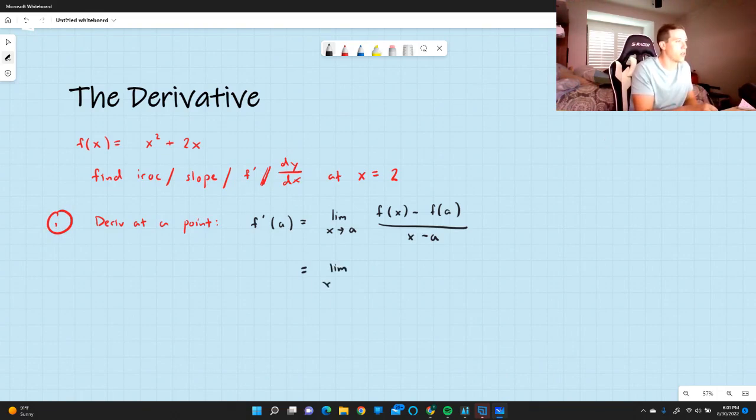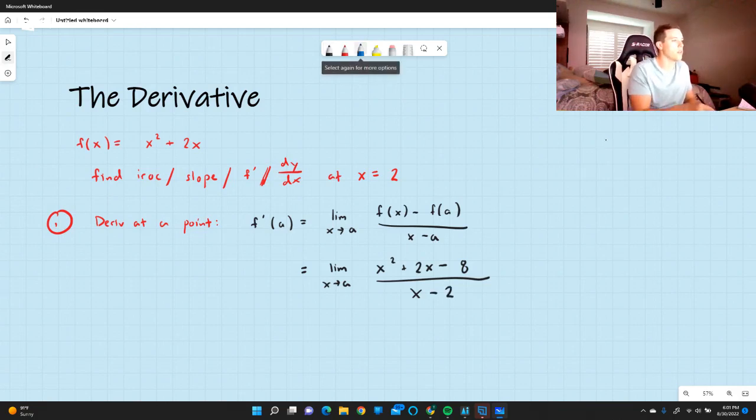So at this point, you can plug in. We're going to do our example from above. f of x is always the function, so x squared plus 2x minus f of a, which is what you get when you plug 2 into the function. So 4 plus 4 is 8, all over x minus the a value, which is 2.